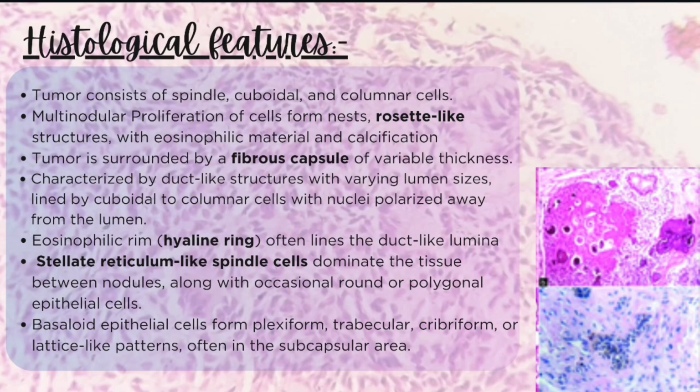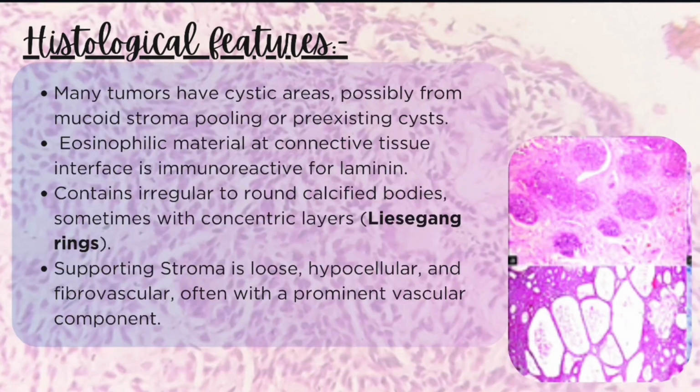Stellate reticulum-like spindle cells dominate the tissue between nodules, along with occasional round or polygonal epithelial cells. Basaloid epithelial cells form plexiform, trabecular, cribriform or lattice-like pattern, often in the subcapsular area. Many tumors have cystic areas, as we can see in this picture. So many tumors have cystic areas, possibly from mucoid stroma, pooling or pre-existing cysts.